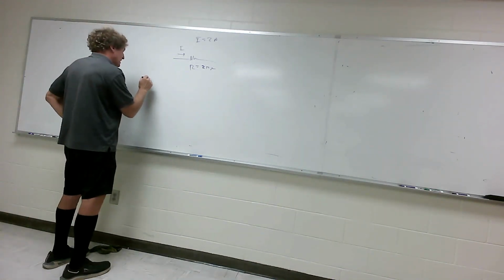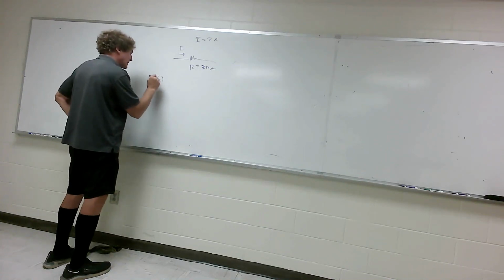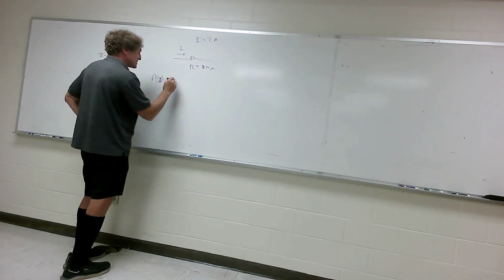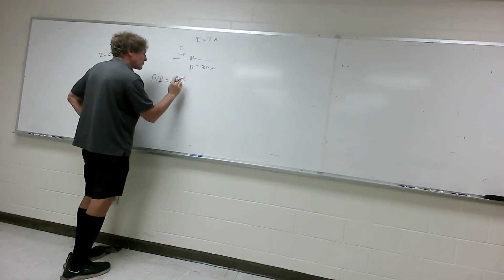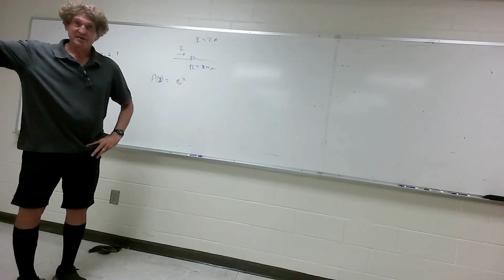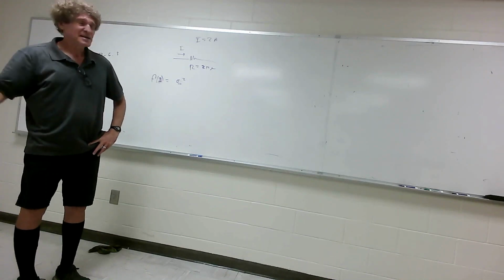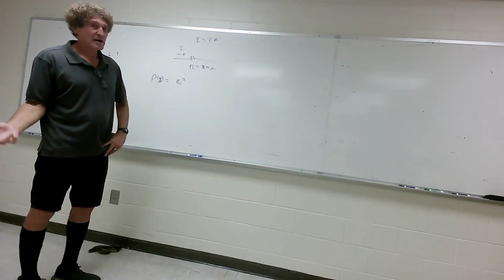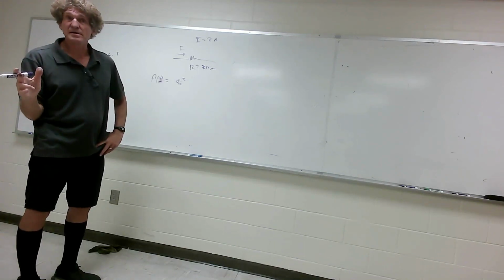So now we've got f of I, of the current itself. If it's Rayleigh distributed, it's going to be I over sigma squared. That sigma squared is the Gaussian sigma. This is a current having a Rayleigh distribution.